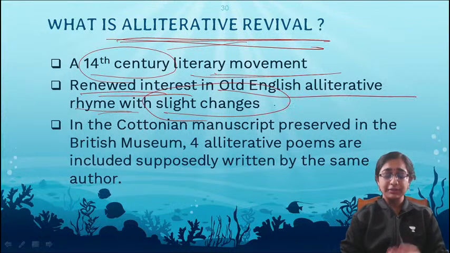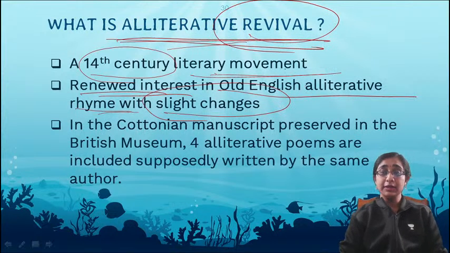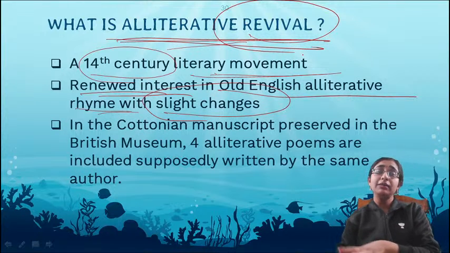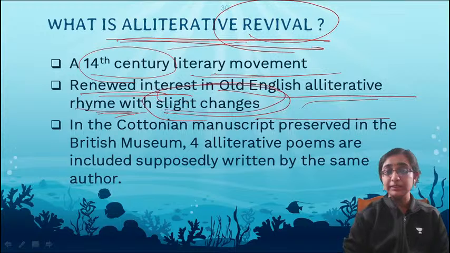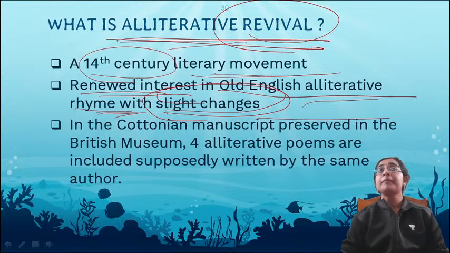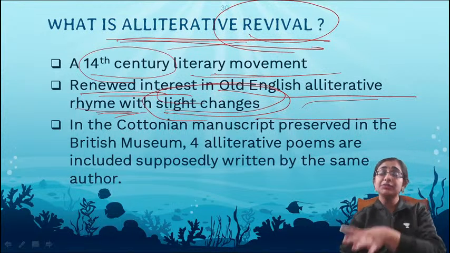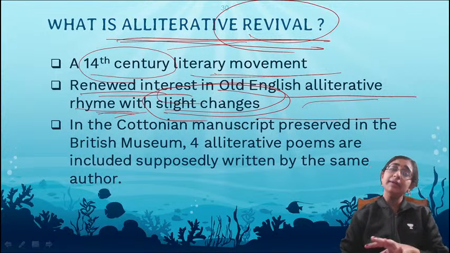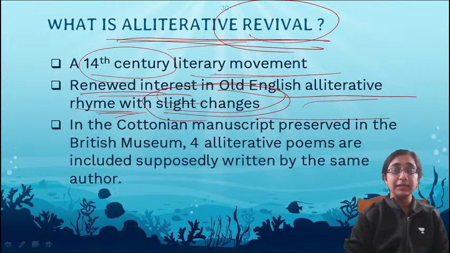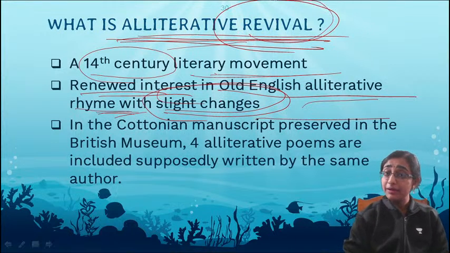That is why this movement is called alliterative revival. It revives the interest in Old English alliterative verse with some changes in metrical pattern. So the renewed form of Old English alliterative poetry in the Middle English age is known as alliterative revival. That is why revival.